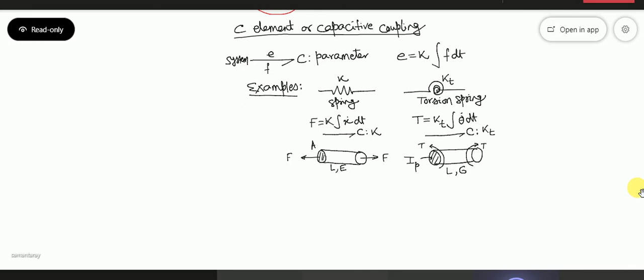So what we know, delta L by L for this case is A E by L. For this case, delta theta, sorry, not delta L by L.